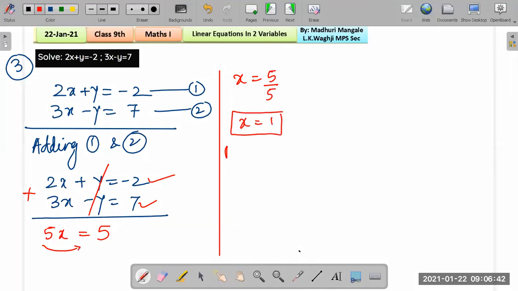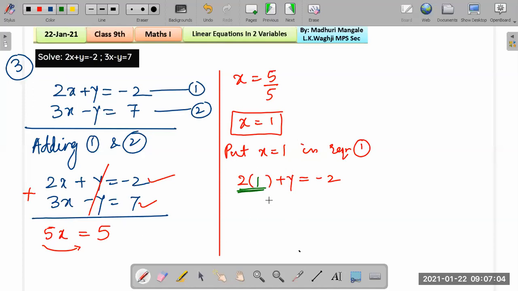And now put this value of x or replace this value of x in any one of the equation. Let's say in equation 1. So 2x plus y equals to minus 2. Substitute this value of x and get the value of y. Okay, I guess you all have got it.